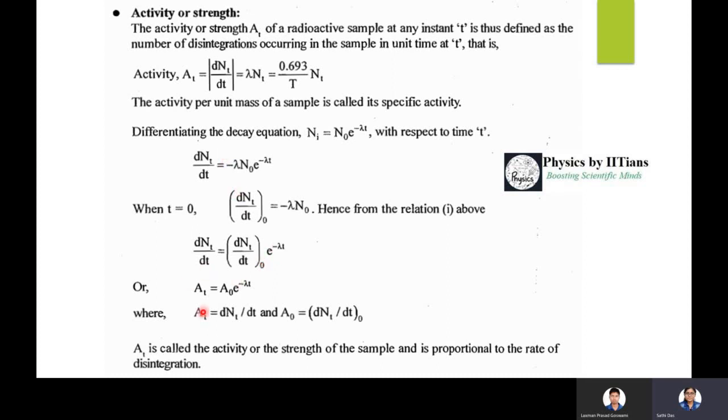You get A(t), the activity at any time t, equals the activity at time 0, that is A naught, into e to the power minus lambda t. So A(t) is dN(t) by dt and A naught is dN(t) by dt at 0. A(t) is called the activity or the strength of the sample, and it is proportional to the rate of disintegration, e to the power minus lambda t.